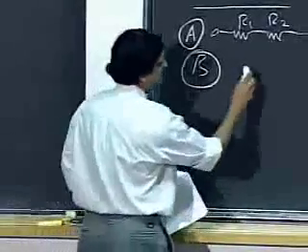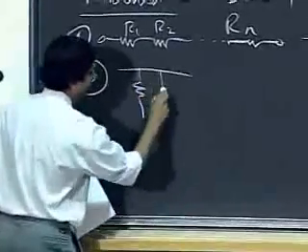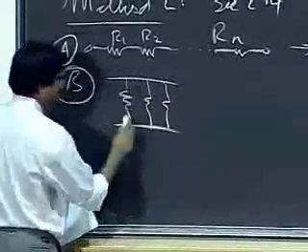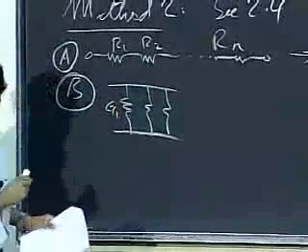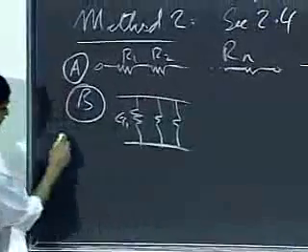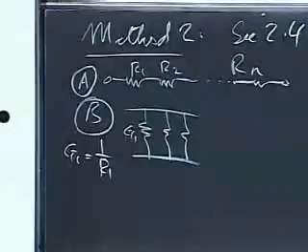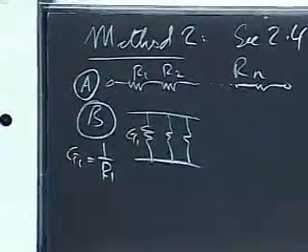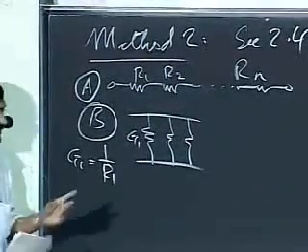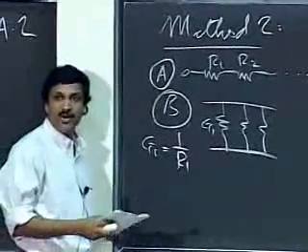Similarly, if I have resistances in parallel, let me call them conductances. Conductance is the reciprocal of a resistance. If resistances are measured in ohms, conductances are measured in mhos.